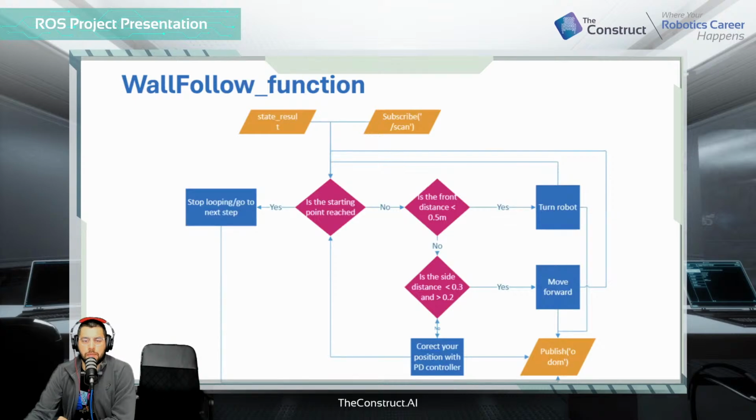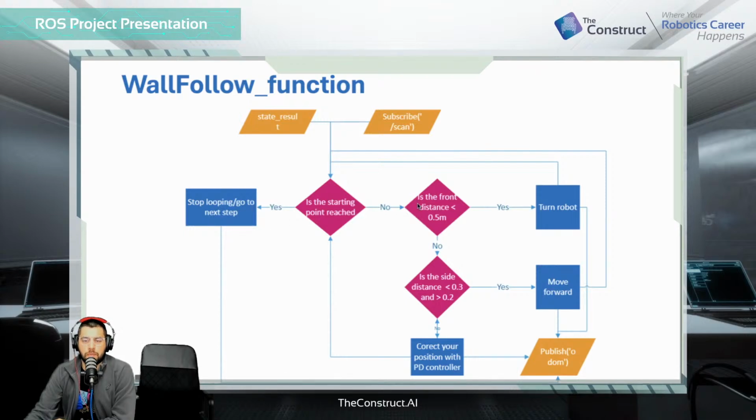So the wall follow function takes readings from the laser sensor, and at the same time, it takes the state result. It gives an idea about the position we are in right now. So it checks whether the starting point is reached. If it is reached, then we will stop the robot and go to the next step.